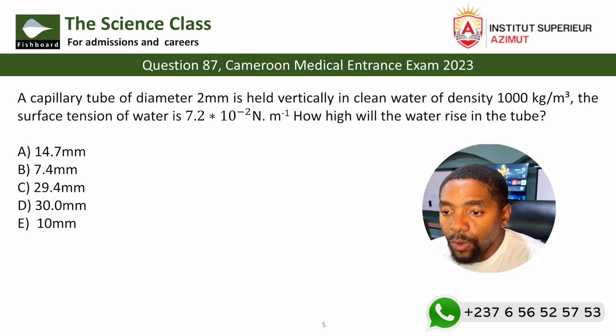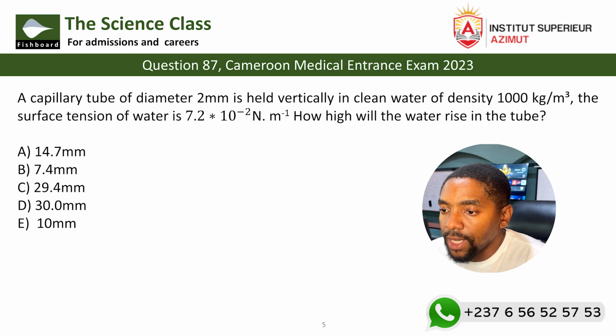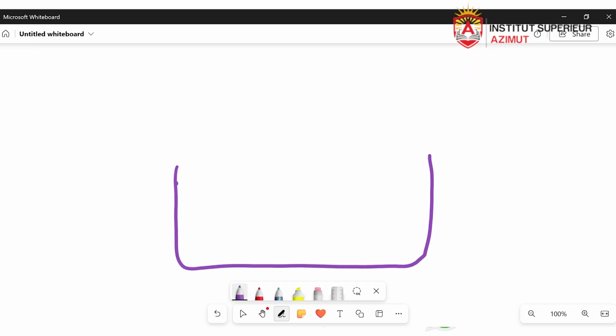A capillary tube of diameter 2 millimeters is held vertically in clean water of density 1000 kg per meter cubed. The surface tension of water is 7.2 times 10 to the negative 2 Newton per meter. How high will the water rise in the tube? All right, so let's sketch what's happening in this question.